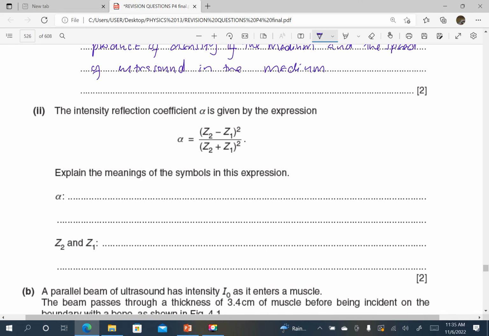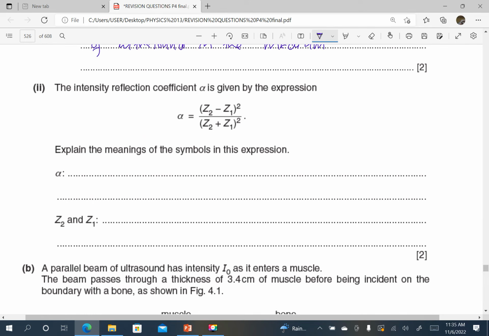The intensity reflection coefficient alpha is given by that expression. Explain the meanings of the symbols in this expression.